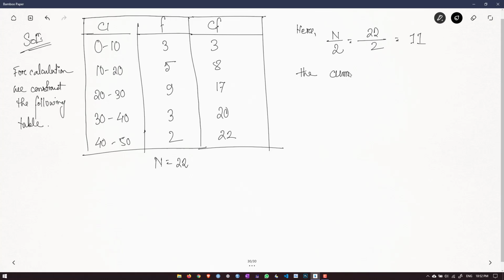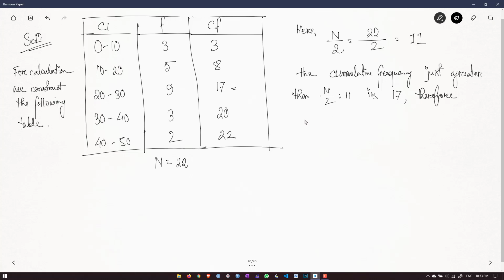The cumulative frequency just greater than n by 2 is equal to 11 is, what is the value? Obviously 17, right? 3 is less, 8 is less, 17 is more, so it is 17.